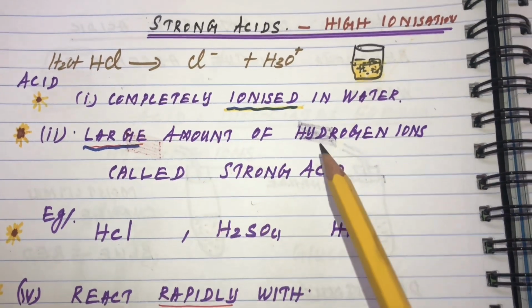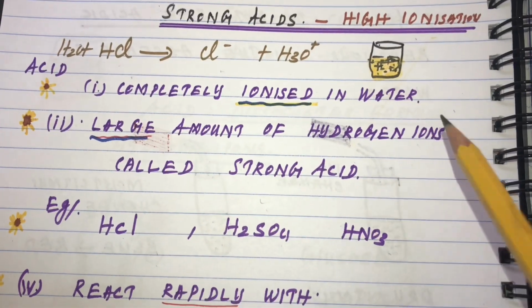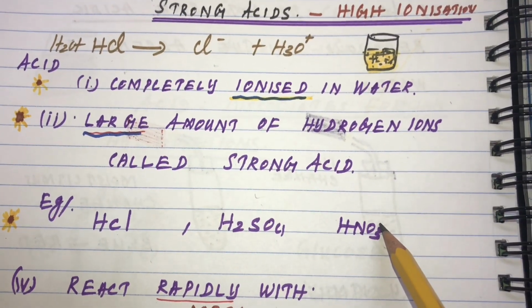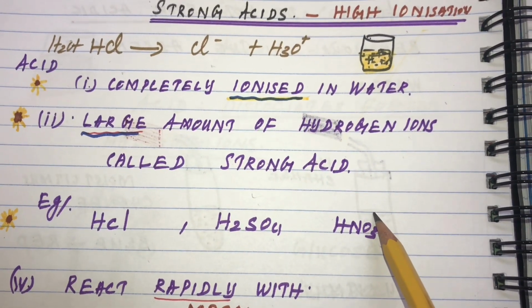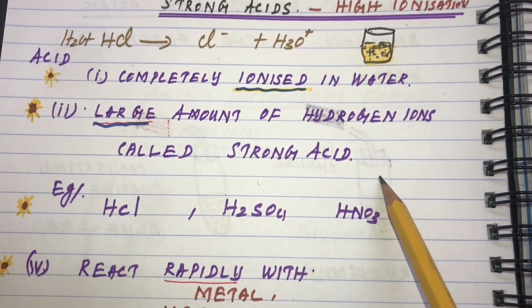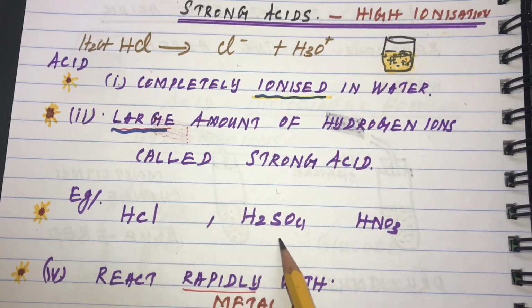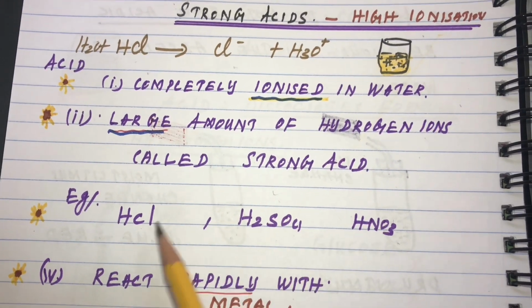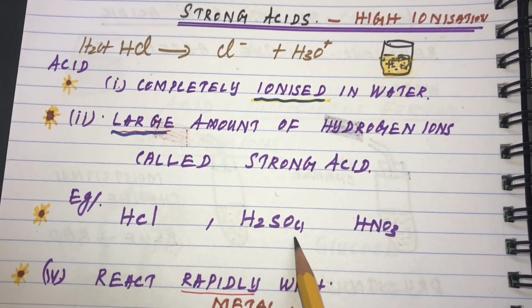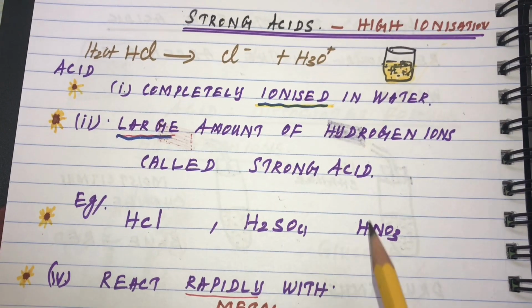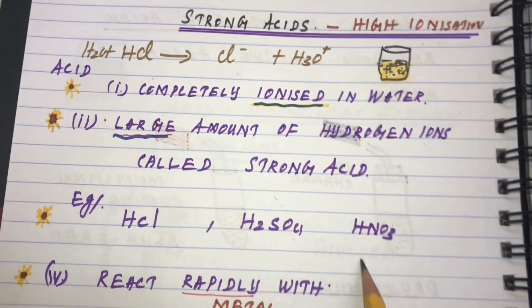Examples of strong acids are hydrochloric acid, HCl, sulfuric acid, H2SO4, and nitric acid, HNO3.